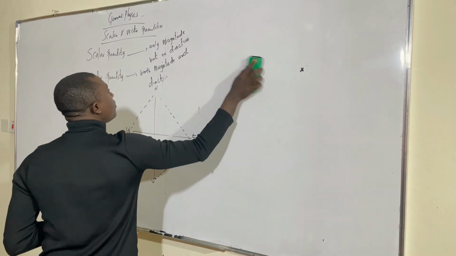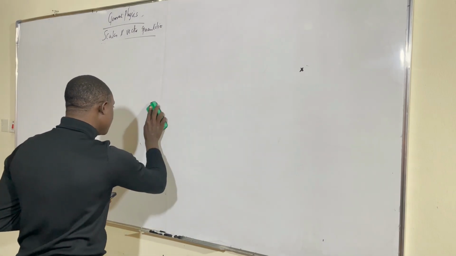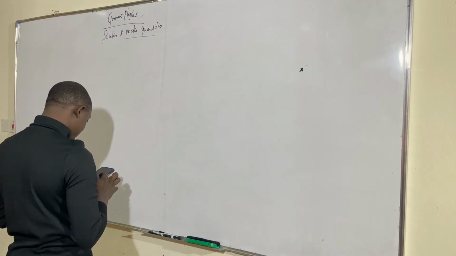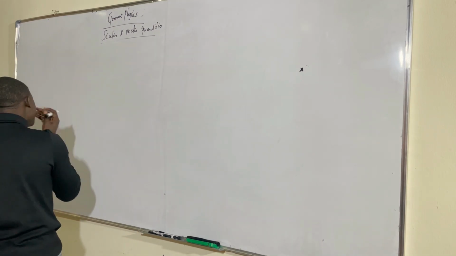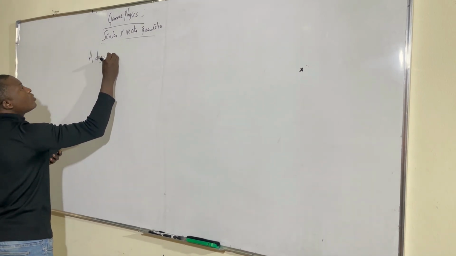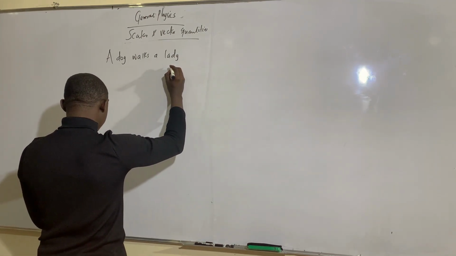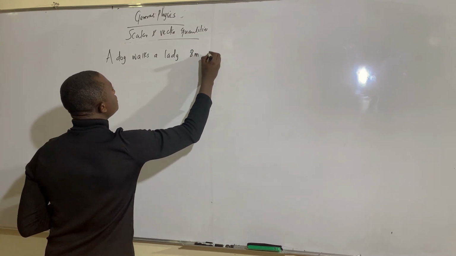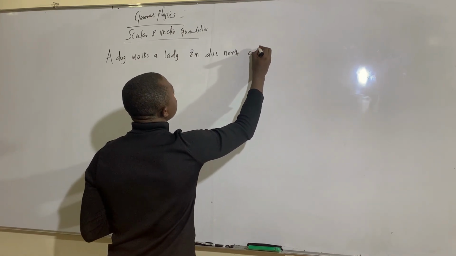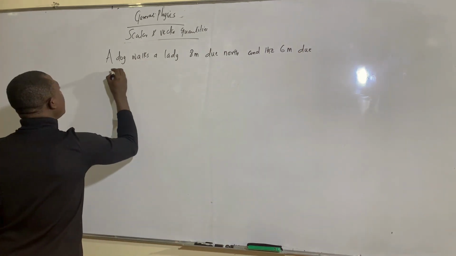Let's see some problems now, and how we can apply these scalars and vectors. Like this problem here. They said a dog walks a lady 8 meters due north, and then 6 meters due east.